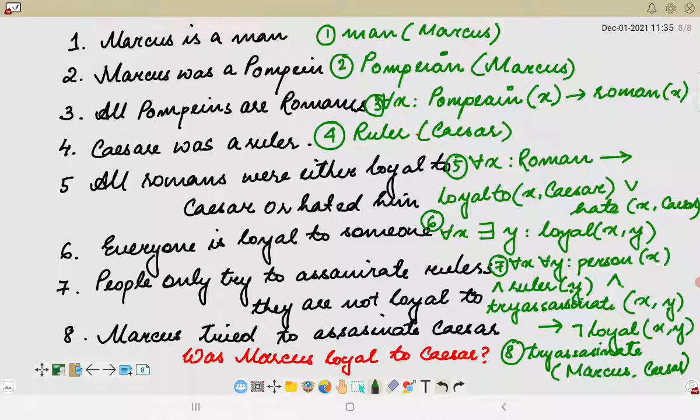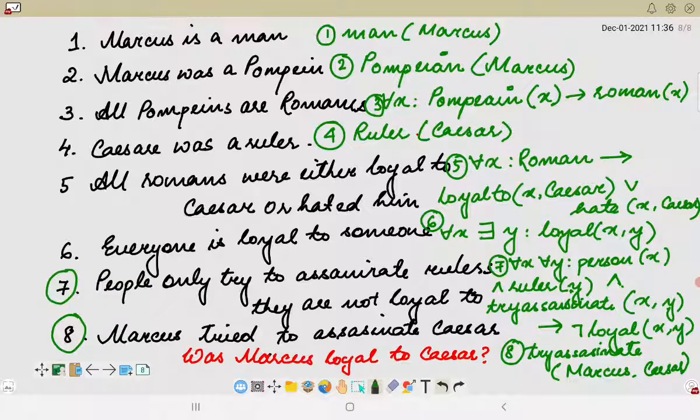Where we are considering loyalty, we can find out the answer to this question using just 7 and 8, where people only try to assassinate rulers that they are not loyal to, and Marcus tried to assassinate Caesar. So in this situation, we can use only 7 and 8 in order to derive that Marcus is not loyal to Caesar.